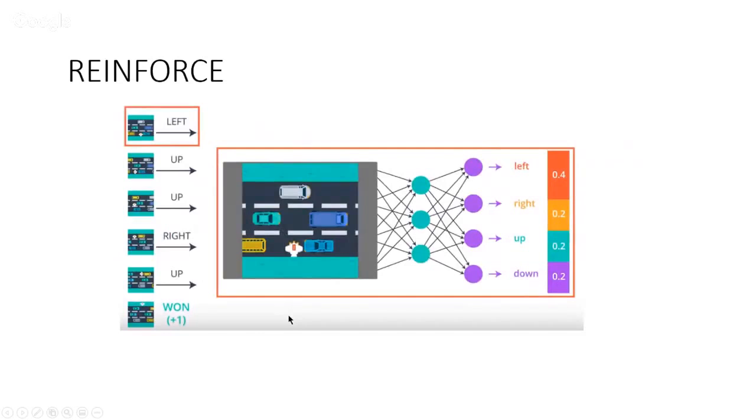So the expected return as well as the gradient that we compute has a high variance. It's very noisy, and this was also one of the disadvantages or weak points that we discussed during the REINFORCE lesson, that its gradient is very noisy.